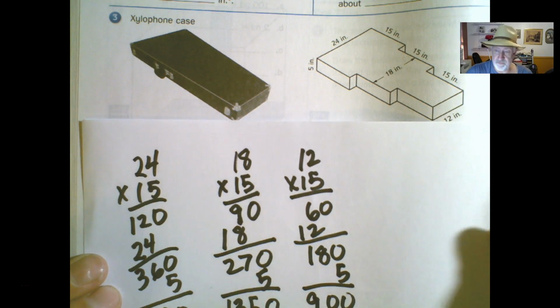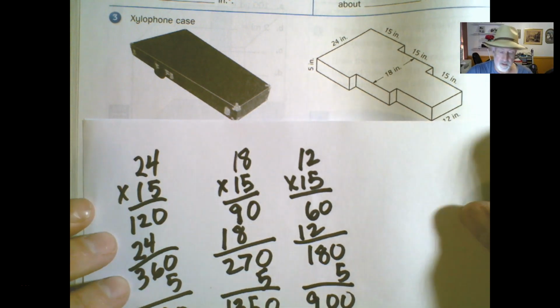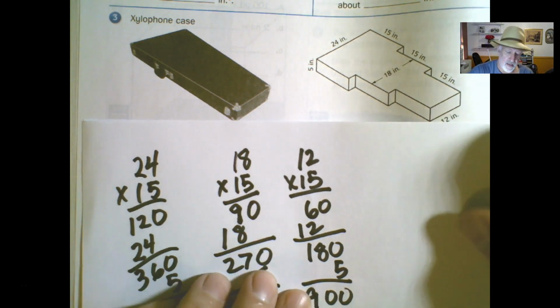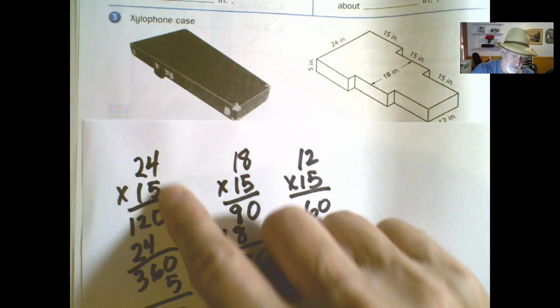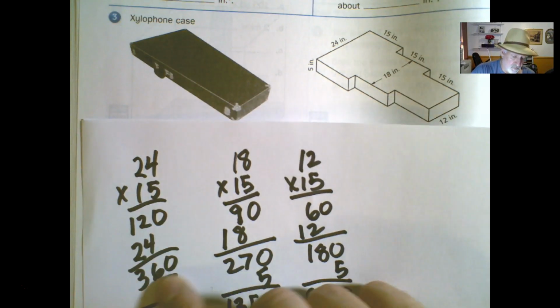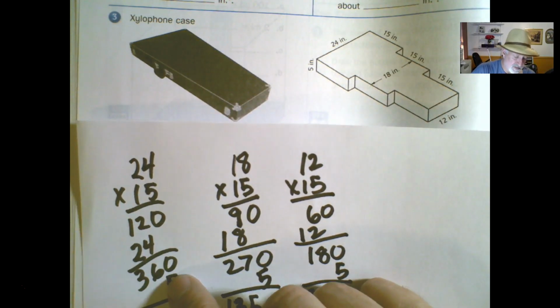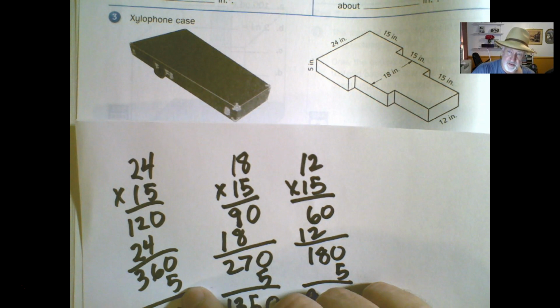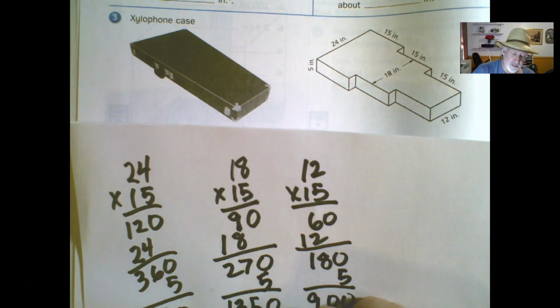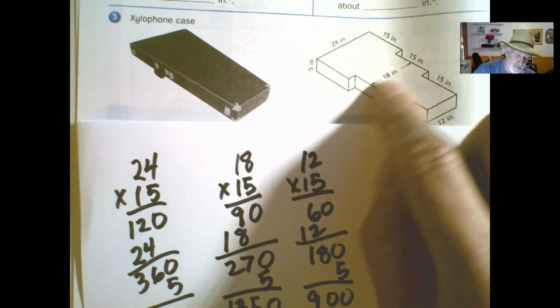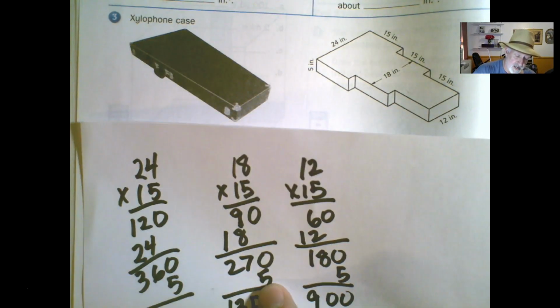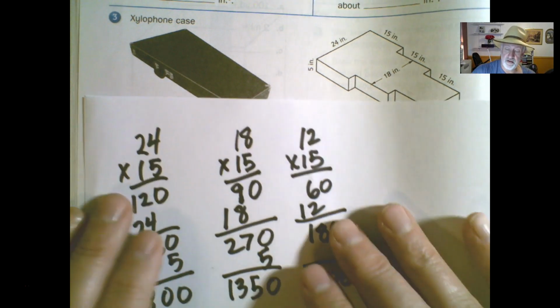So what I've done here is I've just applied the formula for each one, length times width times height. Here I have 24 by 15 by 5, 24 by 15, and I figured that came up with 360, and I multiplied that times 5 because there would be 5 layers, came up with 1800. Did the same thing for the middle section, which is 18 by 15, 5 units high, came up with 1350.